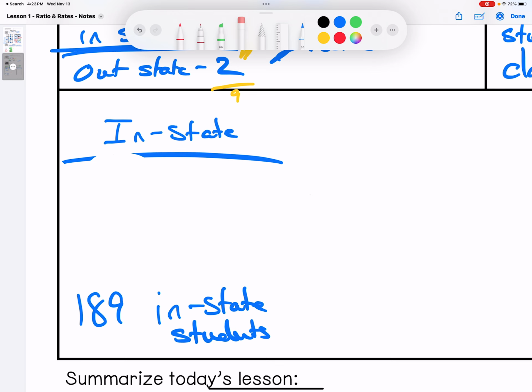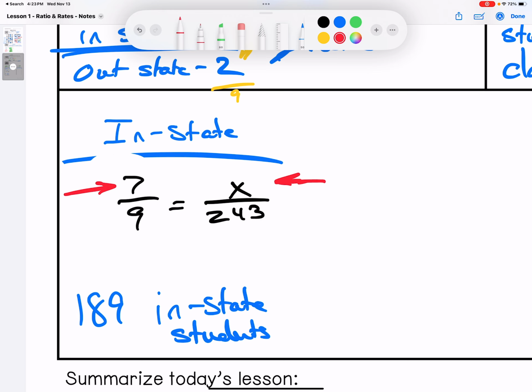Now let me rewrite that and go over that one more time. 7 over 9 equals X over 243, because these are both in-state students up top. So they represent the same thing. So we're comparing the same thing.